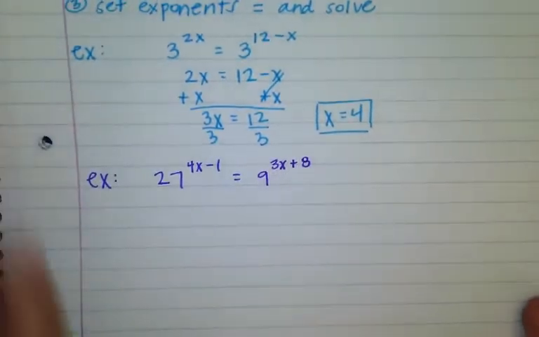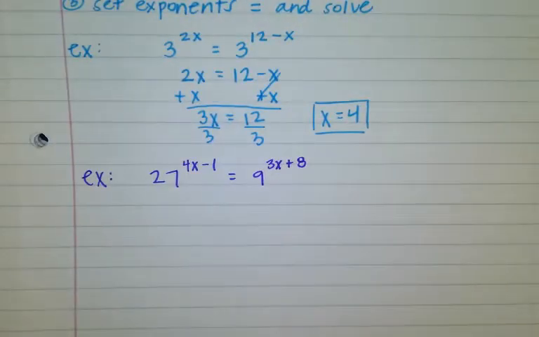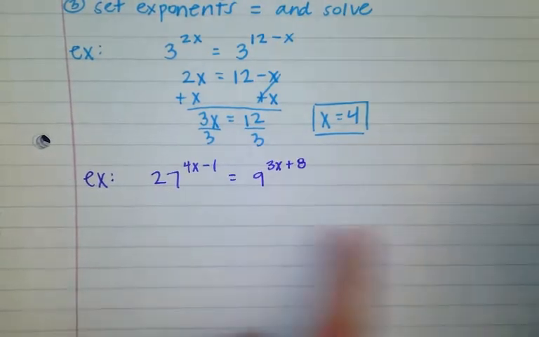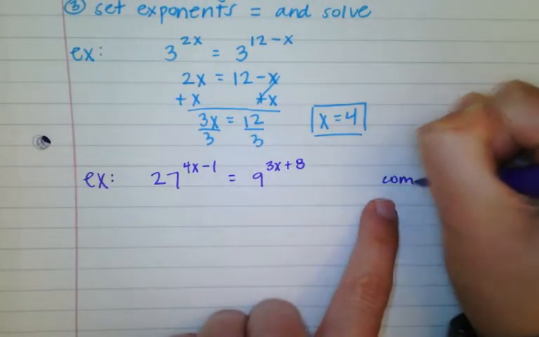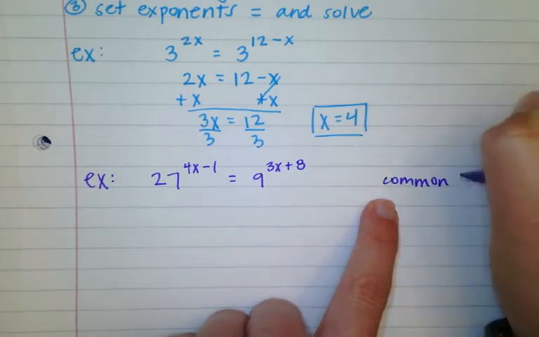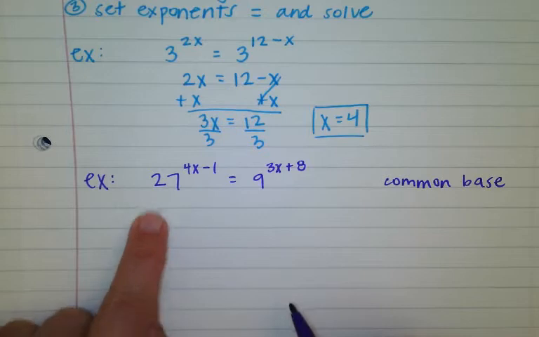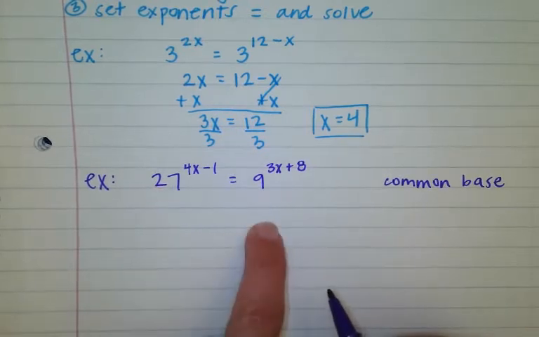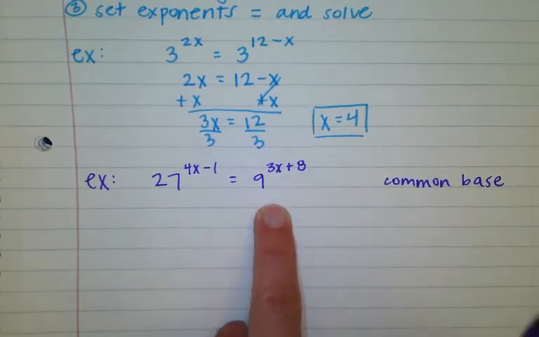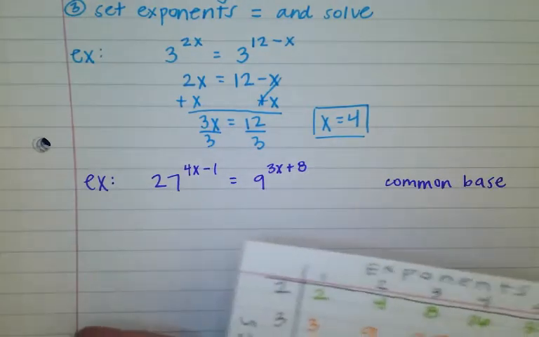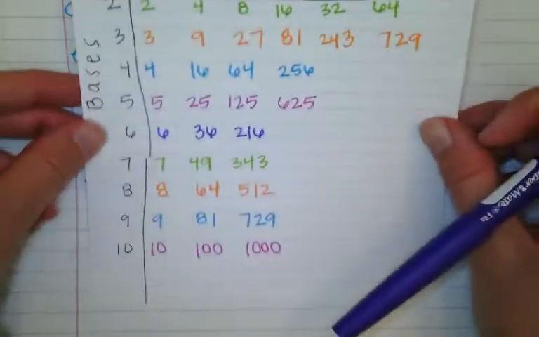So we are going to have to decide what small common base could be used to create both of these numbers. Meaning, what small base could I raise to a power to get 27, and raise to a different power to get 9? And here you may have noticed that there's a common base note card, which is this.